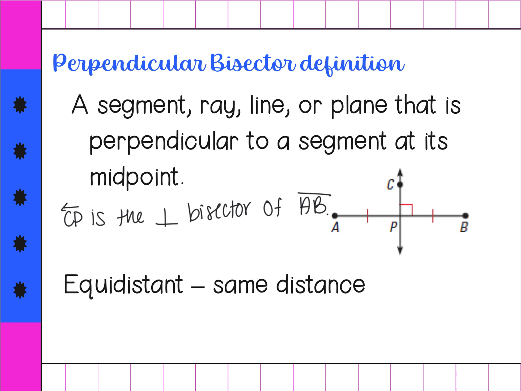So we will consider this line CP is the perpendicular bisector of AB. It is what's bisecting my segment. Equidistant, we should know what that means. Equal in distance. We have seen equiangular, equilateral. Now we have equidistant, equal in distance. So that should be super easy for us to know.